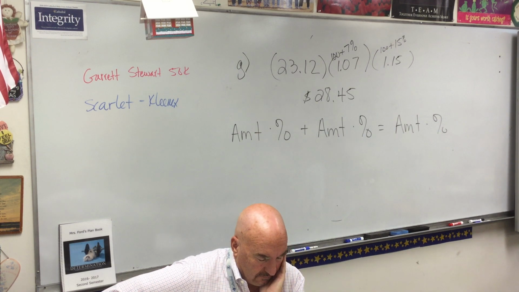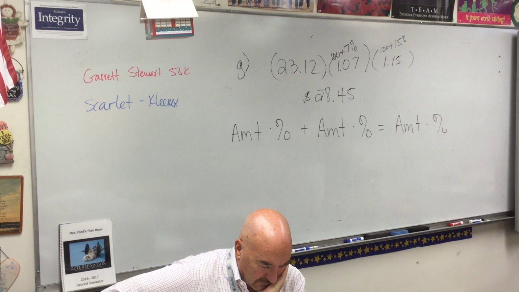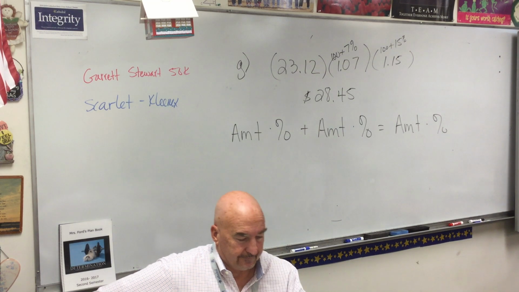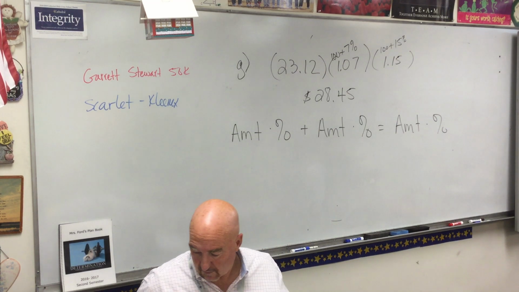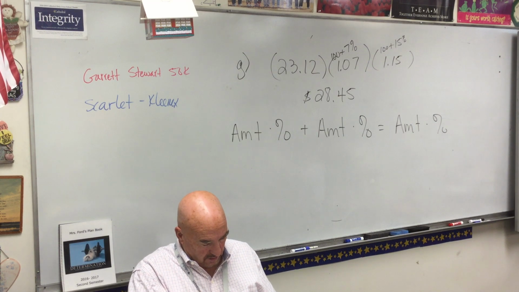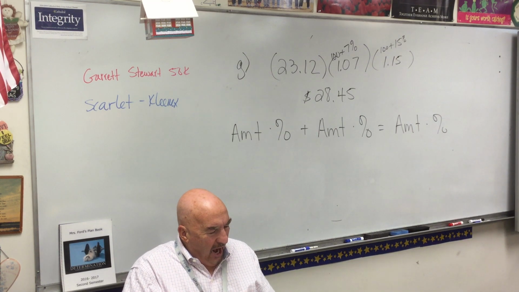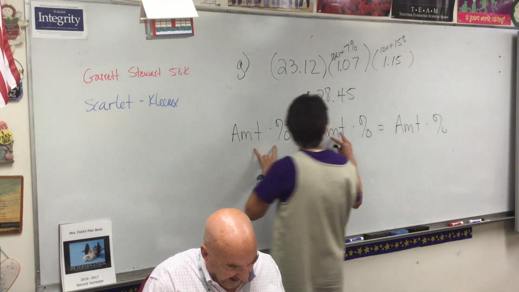Mixture problems, you're mixing A and B and getting C. Every one of them can be solved with the idea of amount times percent plus amount times percent equals amount times percent. These are the two that we are adding together.